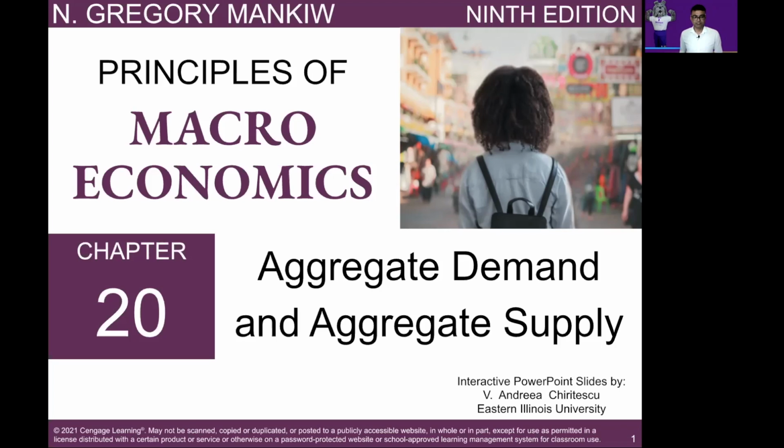So this chapter brings everything together in a different context to address some of the most important questions in economics. What causes recessions? What can policymakers do to alleviate recessions?